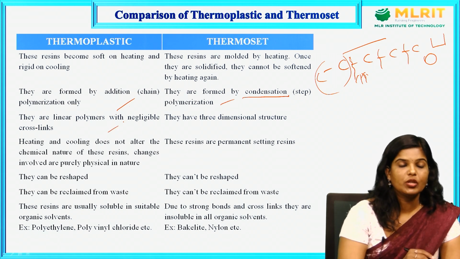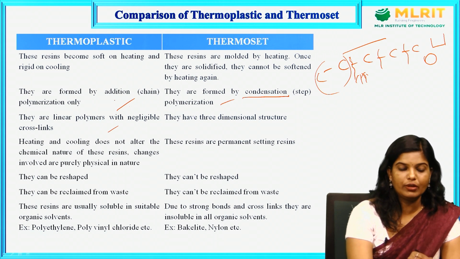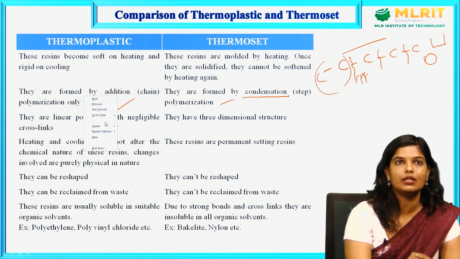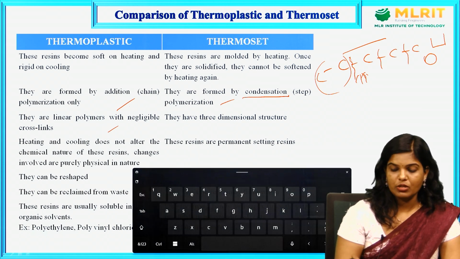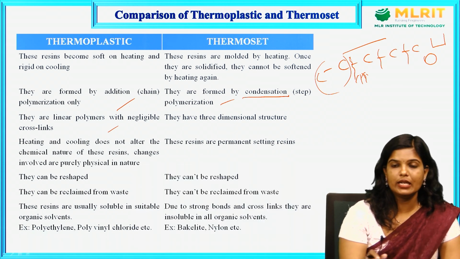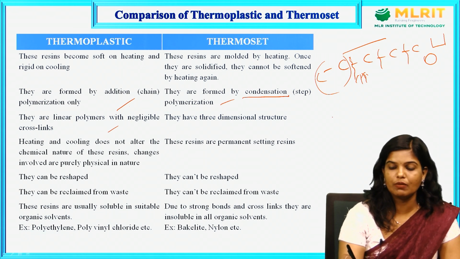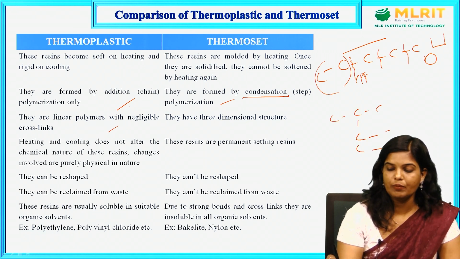Then next, obviously, if addition polymerization is happening, then thermoplastic will have completely linear polymer chains. Whereas in thermoset, since it is step polymerization, it will have various step-like structures, so it will give a 3-dimensional structure to the polymers.